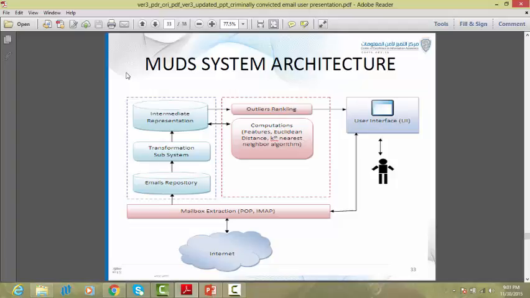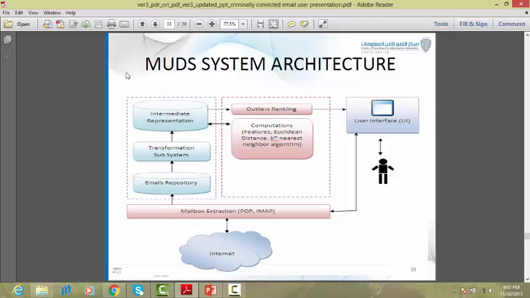From the email repository we extract the transformation subsystem, and from the transformation subsystem there is another intermediary stage called intermediate representation, which represents the emails from the email repository.